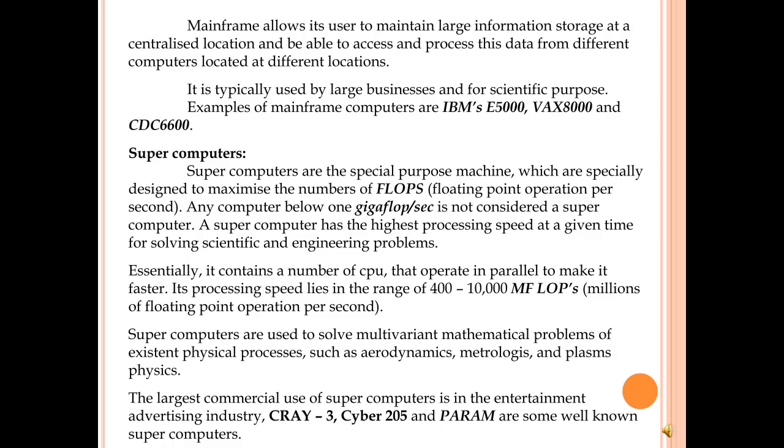Any computer below 1 gigaflop per second is not considered a supercomputer. A supercomputer has the highest processing speed at a given time for solving scientific and engineering problems. Essentially, it contains a number of CPUs that operate in parallel to make it faster.